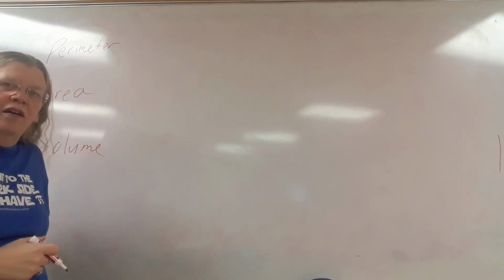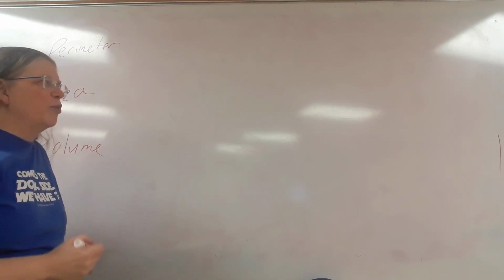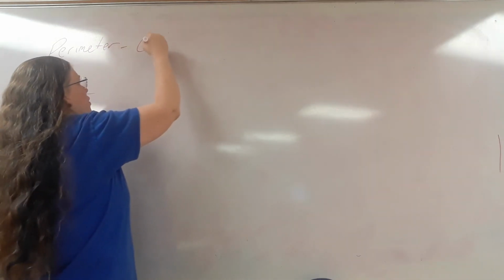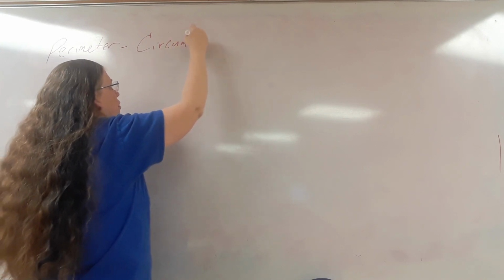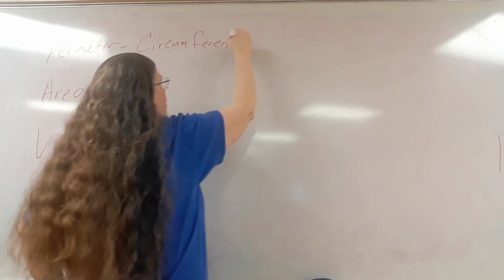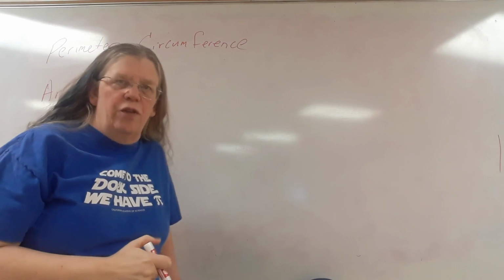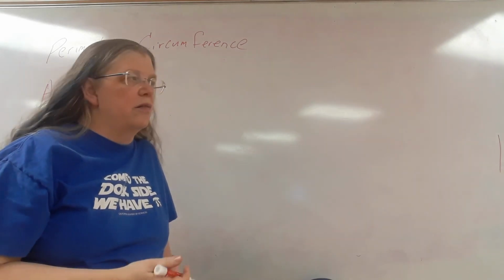Perimeter. For circles, the perimeter is called the circumference. I don't know why it has a different name, but it does.